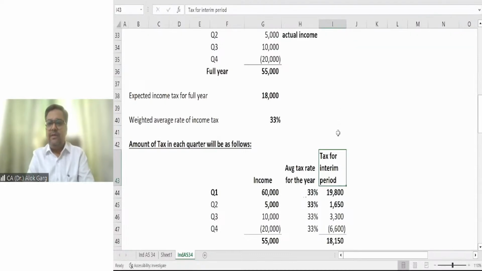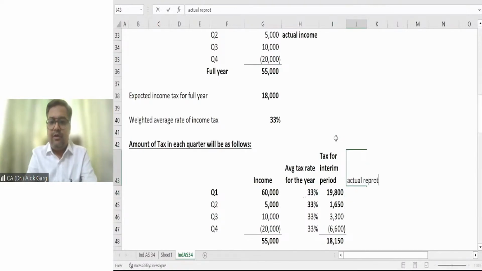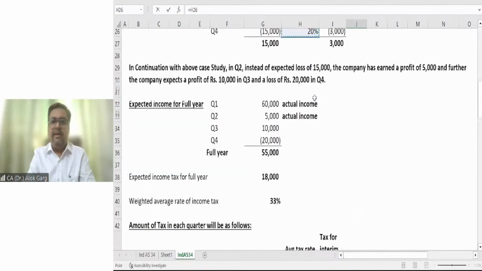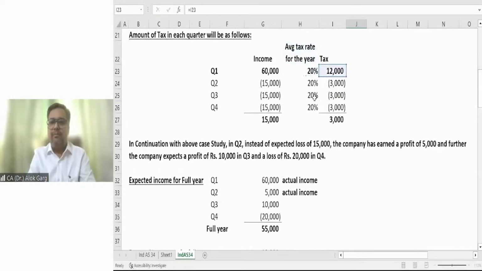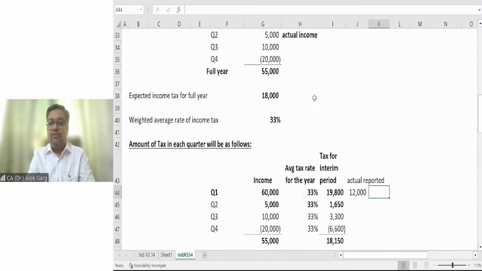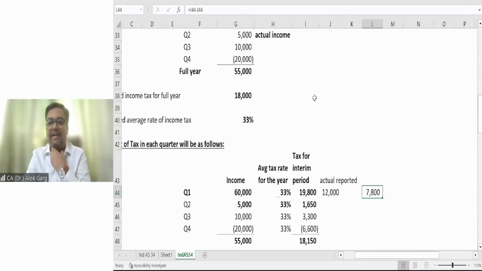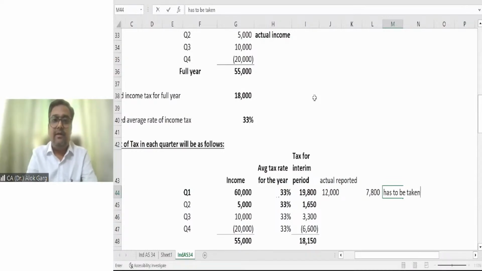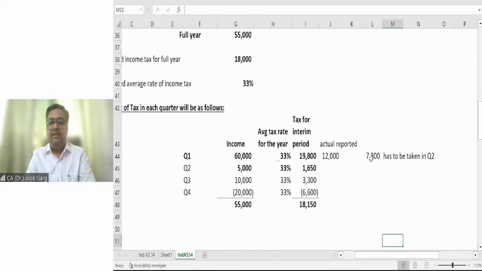Now, sir, instead of 19,800, the actual reported was 12,000. भाई हमने एक्चुअल कितना रिपोर्ट किया था? हमने Q1 में ऑलरेडी जो टैक्स लिया था 12,000 रिपोर्ट किया था, राइट? So the remaining 19,800 minus 12,000, 7,800, has to be reported, taken in Q2. So in Q2, what will be your tax provision?